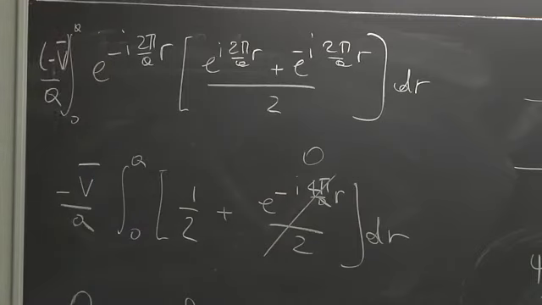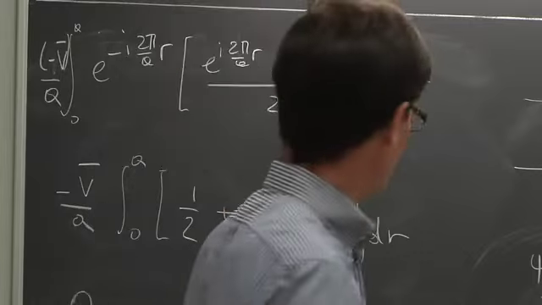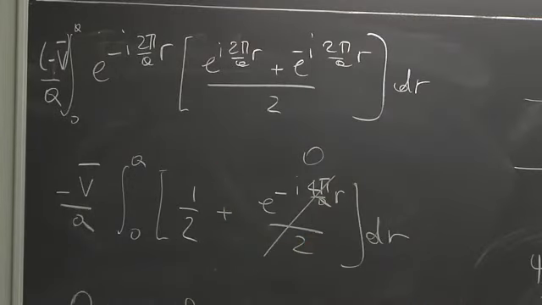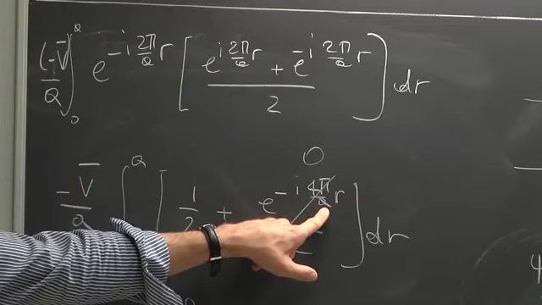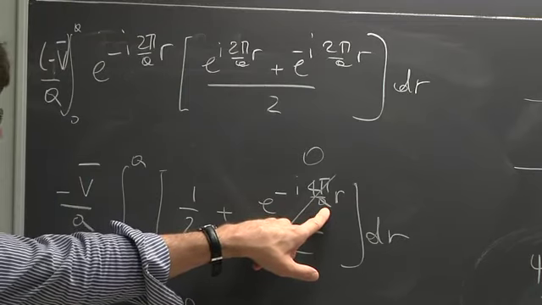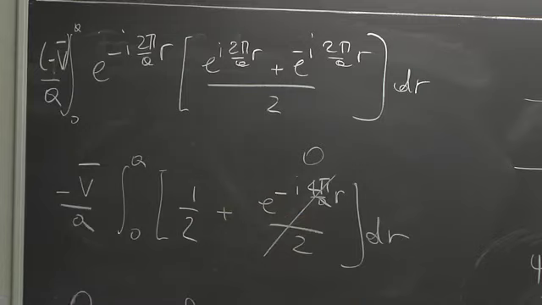Right? I'm integrating a plane wave over something which is actually twice its period. Its natural period would be 1/2 of a period. I'm integrating that over 2 periods, and so it's going to be obviously 0. It would have been 0 even if I integrated from 0 to a over 2, but in particular from 0 to a.